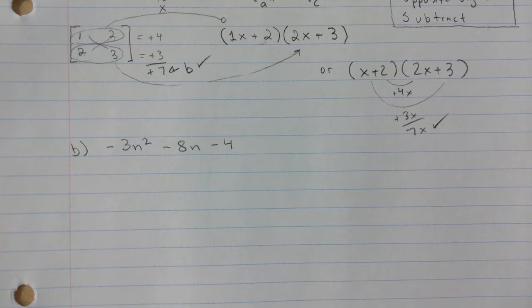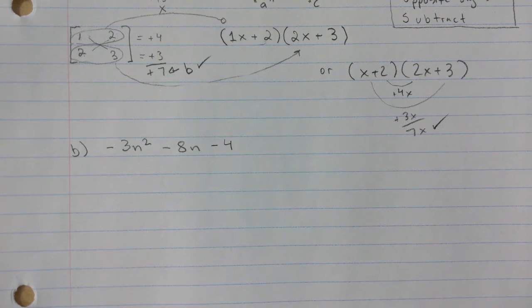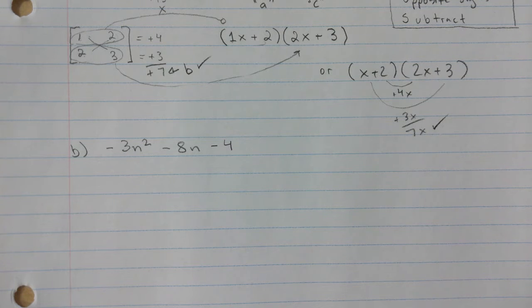Negative 3n squared, or negative, right? Minus 8n minus 4. Okay.